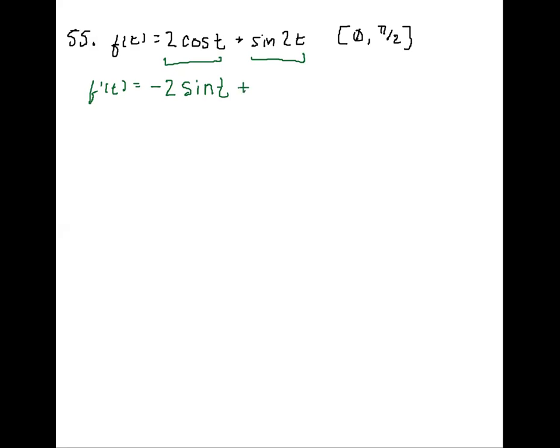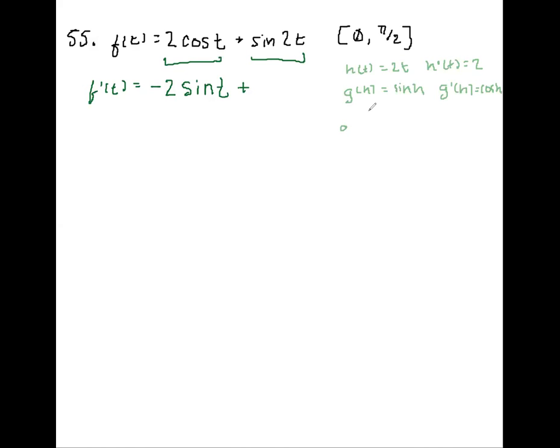And this will be plus the derivative of the second term. I'll call h of t equal to 2t, so h prime of t is equal to 2. Then I'll have g of h equal to sine h, so g prime of h is equal to cos h. And I'll put it together.